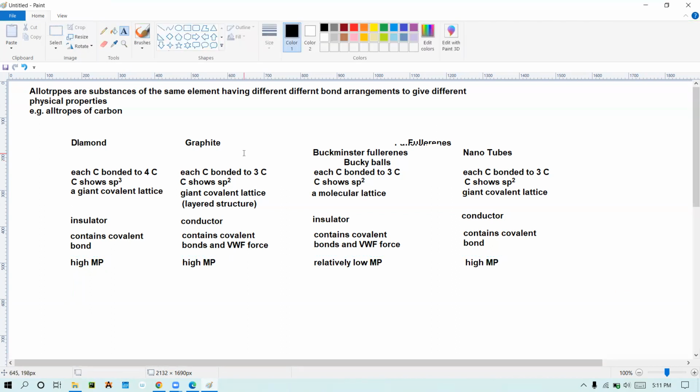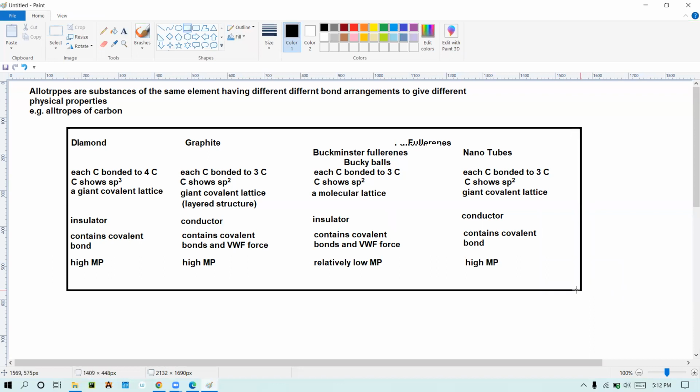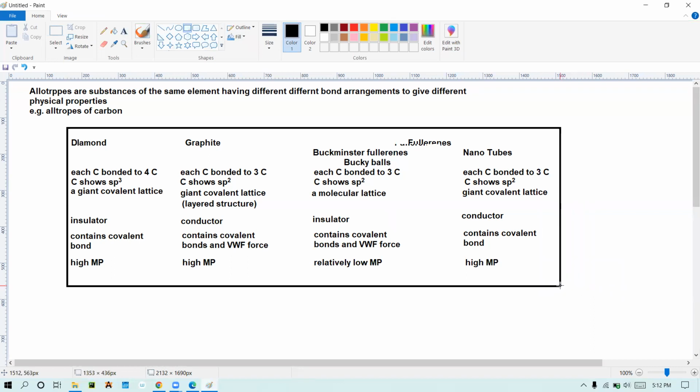This is a comparison of the allotropes of carbon. If you want, you can copy this down, or else you can take a screenshot also. I think taking a screenshot is better, saves time.